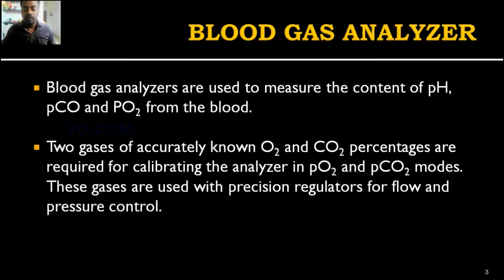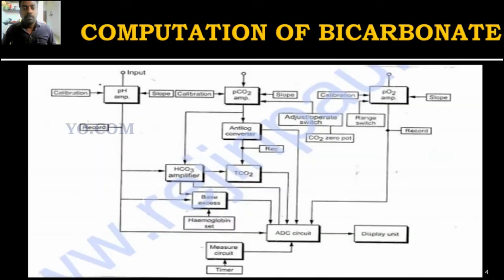Right. See the block diagram of computation of bicarbonate. This is a complex block diagram with different inputs. The pH amplifier receives the input, and it also has a calibration. Similarly, the PCO2 amplifier also has an input, and that block also has calibration and slope.